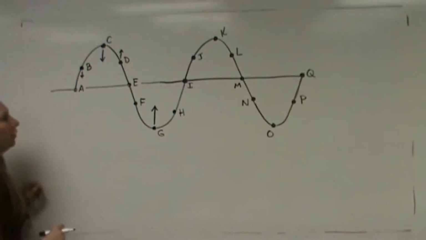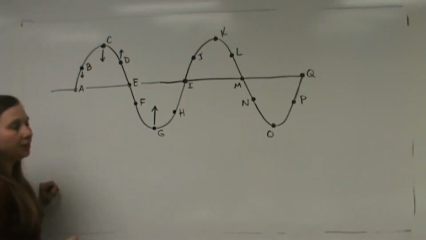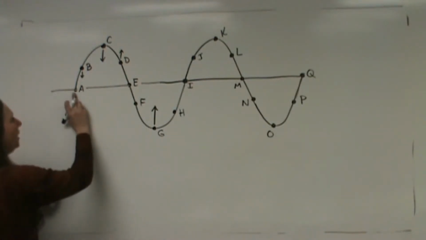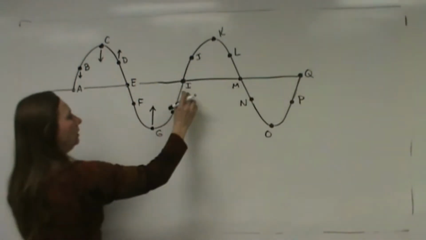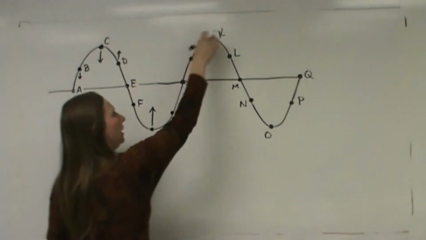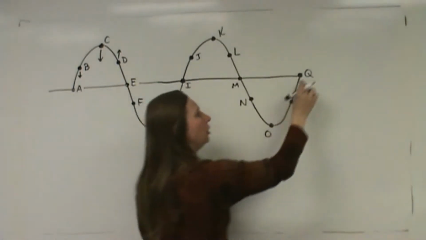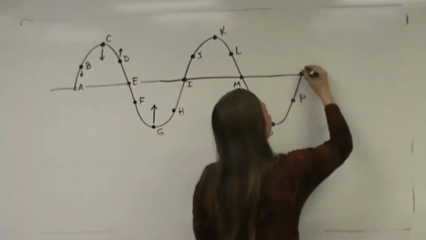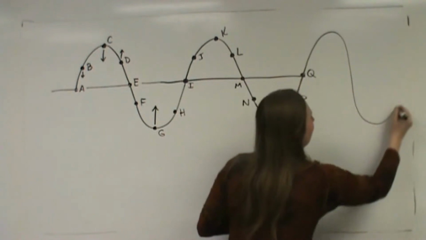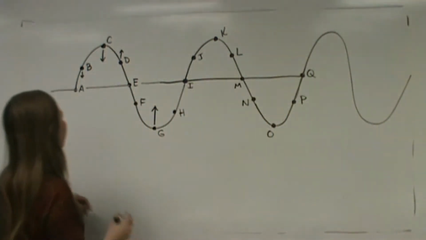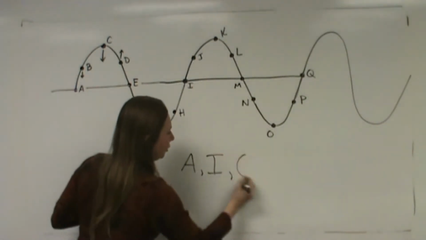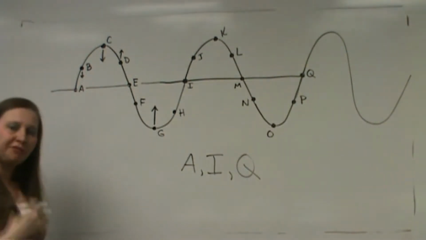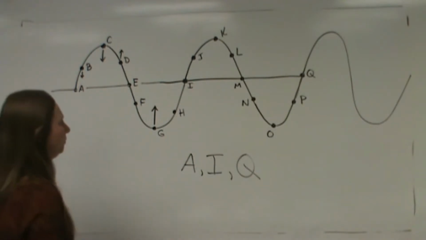Well, the first pair of points that I see that are in phase, actually it's a trio of points, would be A, because this is the beginning of a wave cycle, and I, which is the beginning of the next wave cycle, and Q, which is the beginning of the next wave cycle, which would be over there. So A and I and Q are all in phase with each other.